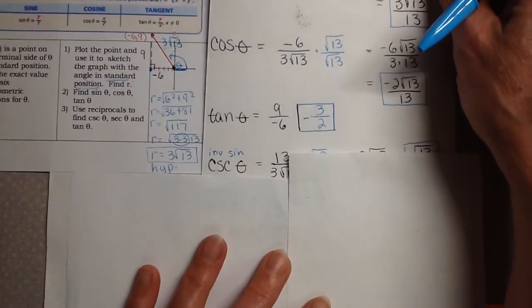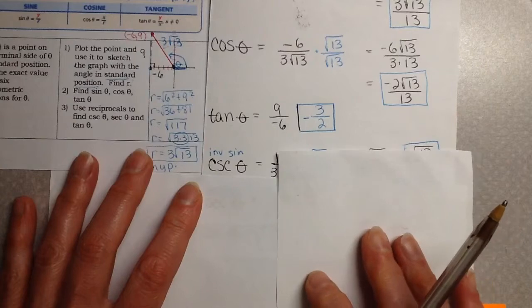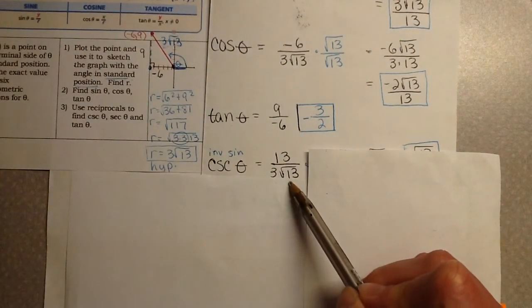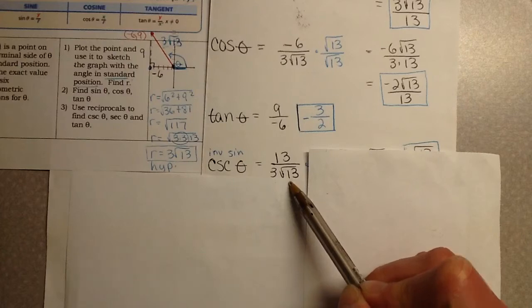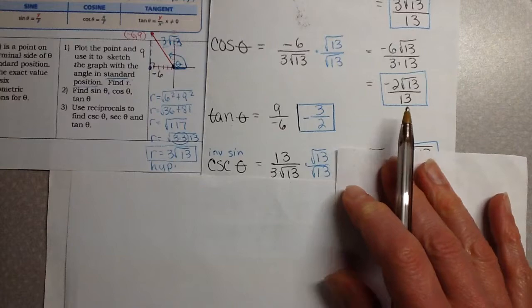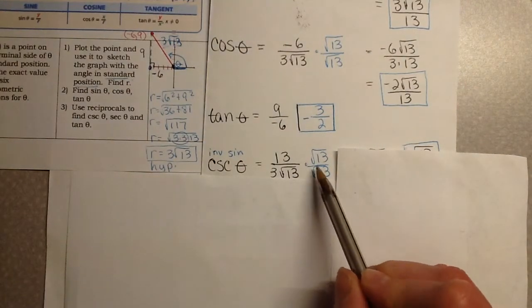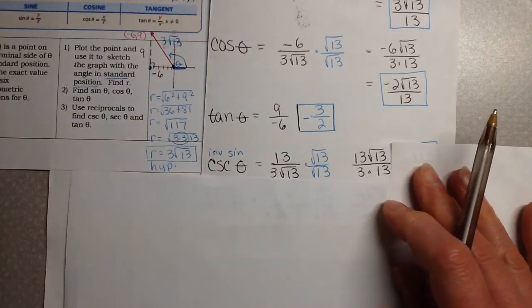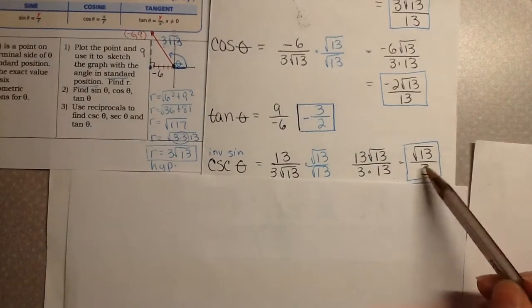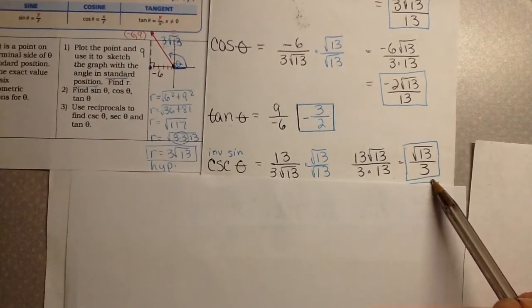So when we do the cosecant of theta, we're going to do 13 over 3 times the square root of 13. We just took the reciprocal of the sine of theta. Then we simplify, square root of 13 over square root of 13, and then we can reduce, and you end up with the square root of 13 over 3.